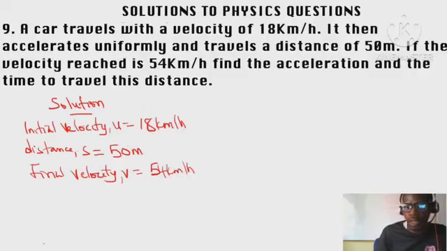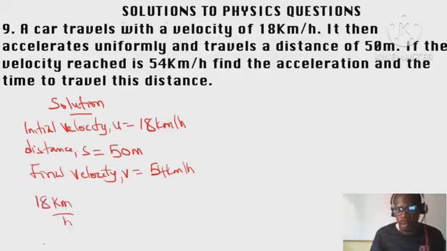Now, we have to convert this kilometer per hour to meter per second, and see how we are going to do the conversion. For 18, here we have 18 kilometers over hour. Then we are going to multiply by 1 hour over 3,600 seconds, because the hour will cancel the hour.